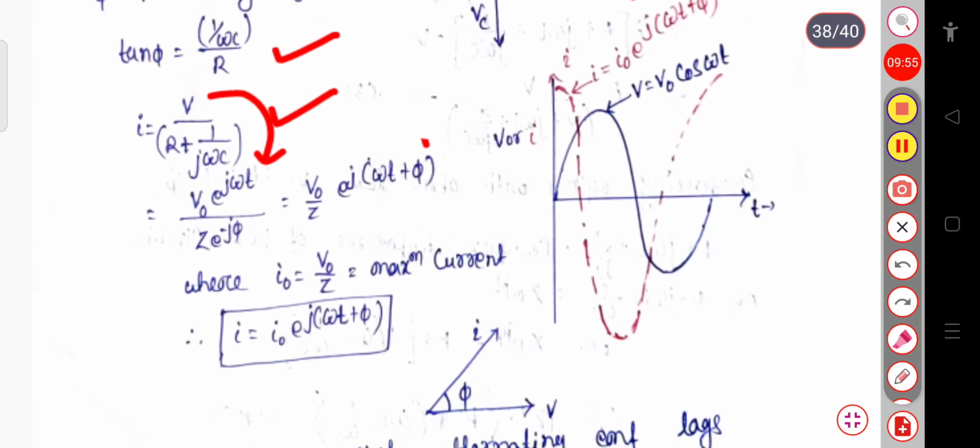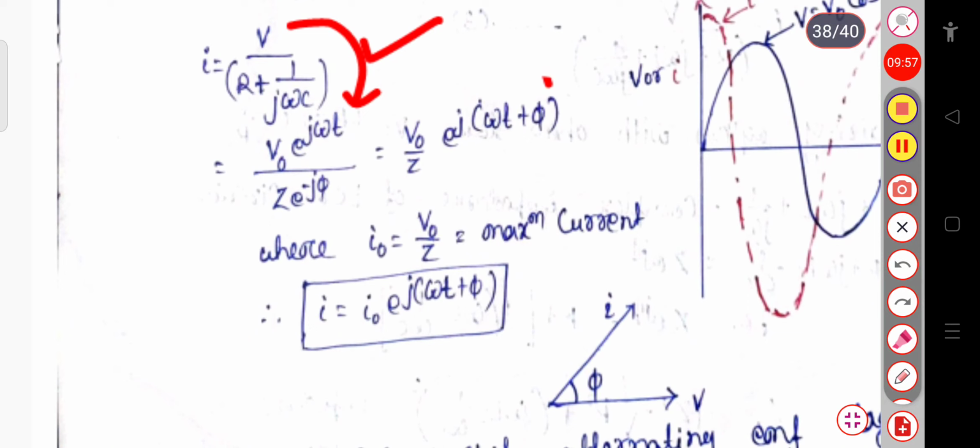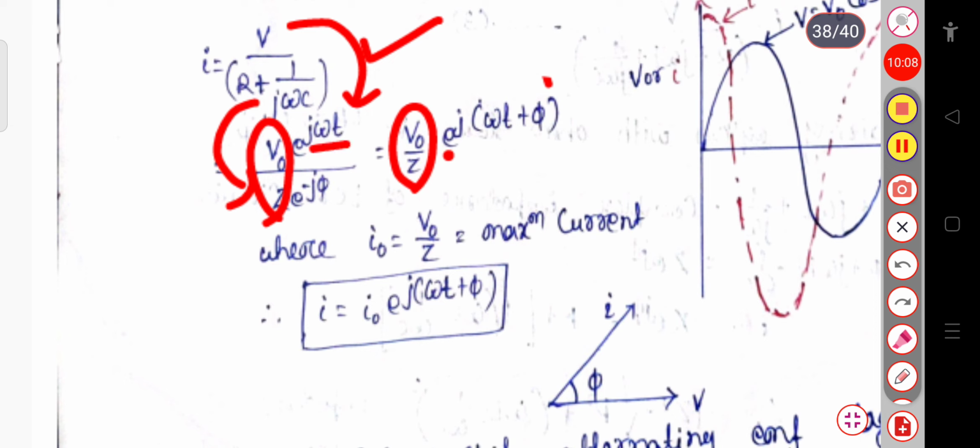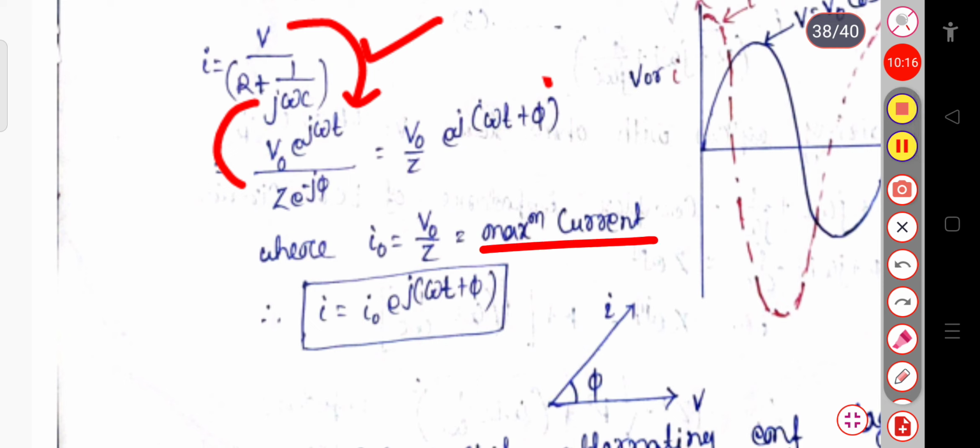So here I am substituting the value of R plus 1 by j omega c as z exponential minus j phi, and hence it can be written as v naught by z into exponential j, taking j common, omega t plus phi. So this I naught equal to v naught by z is the maximum current, that is the peak current. So here we can write this current will be equal to I naught exponential j omega t plus phi.